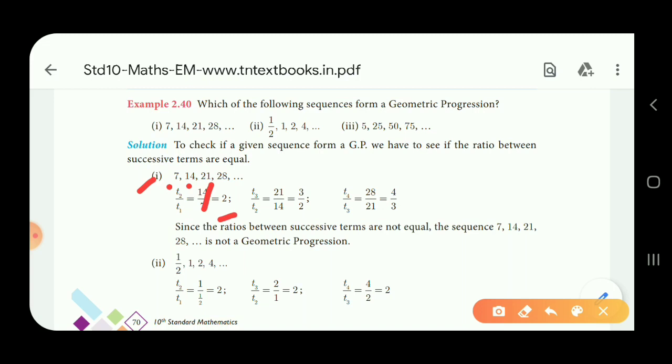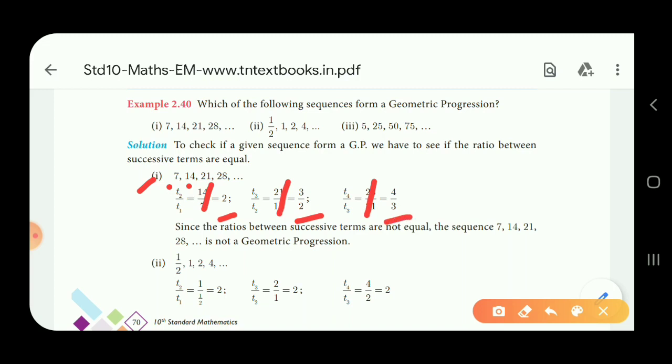Likewise, next T3 by T2 is 21 by 14, the third term divided by the second term, which is 3 by 2. T4 by T3 is 28 by 21, which is 4 by 3.